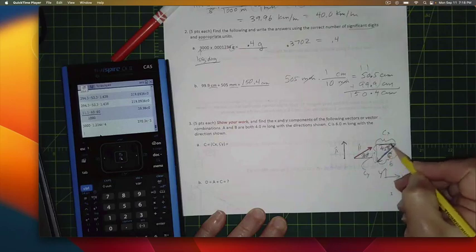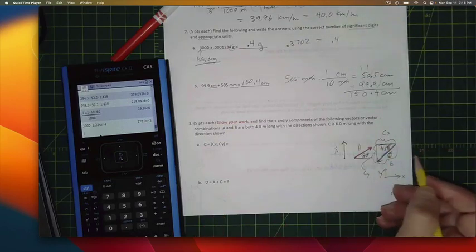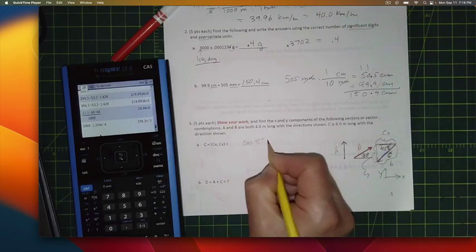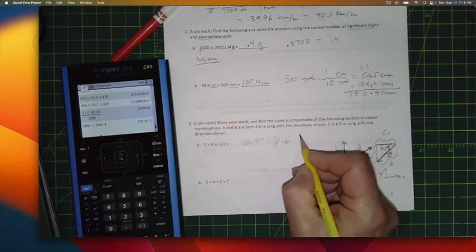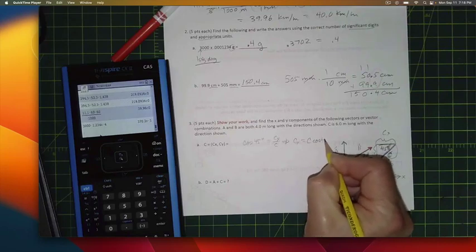C sub x is next to the angle, so cosine. Going back to the definition of cosine, cosine 45 degrees equals C sub x over C. Rearranging to solve for C sub x, we get C sub x equals C cosine 45 degrees.